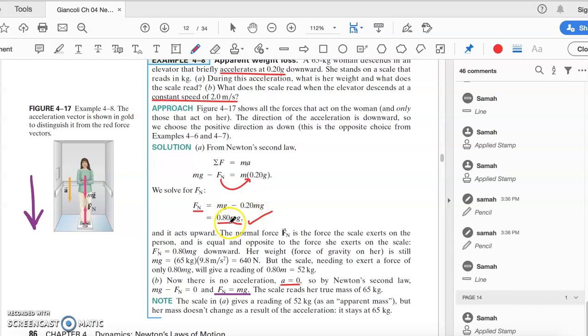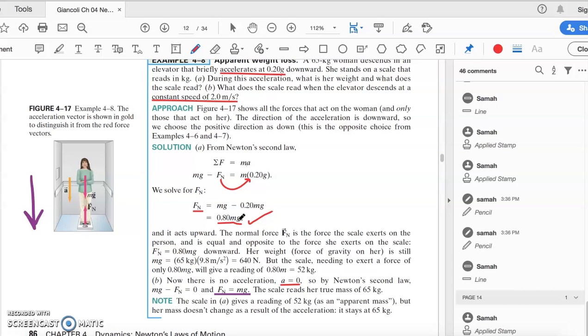You know that when you multiply anything by a fraction less than 1, it will be less. So you can see that Fn, which is the reading of the scale, will read only 0.8 of the actual weight of the object. So it looks like an apparent weight loss.